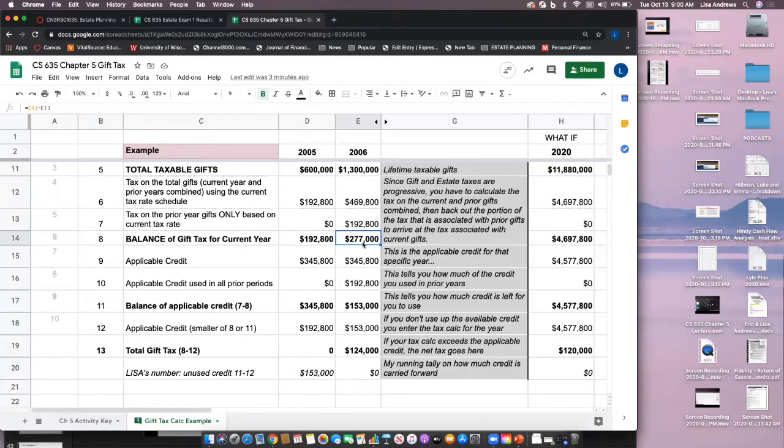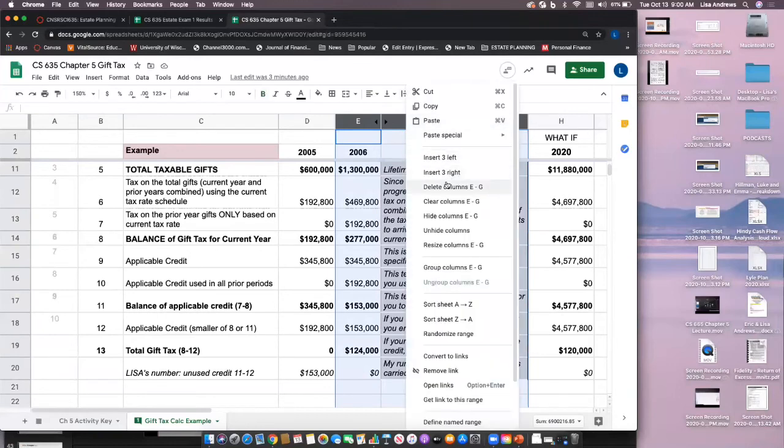So we used up all of our applicable credit because the tax owed on that year's taxable gift exceeded the credit that was left over. And so Tracy had to pay tax of $124,000. Ouch. Painful. Painful.